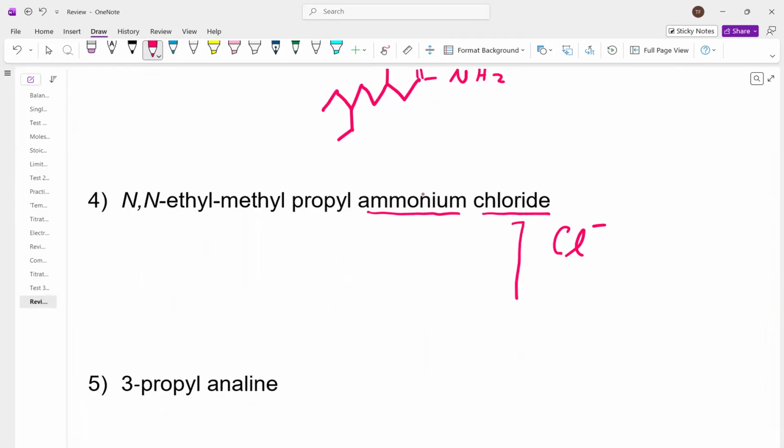And then this is going to be +1. And the nitrogen's got an ethyl and a methyl group coming off of it. And then it's got a propyl group coming off of it as well.